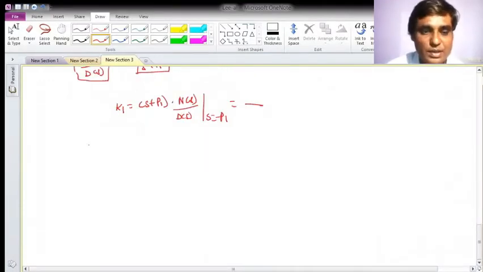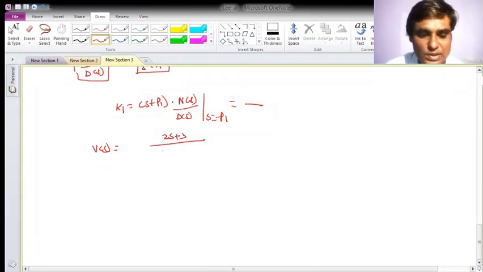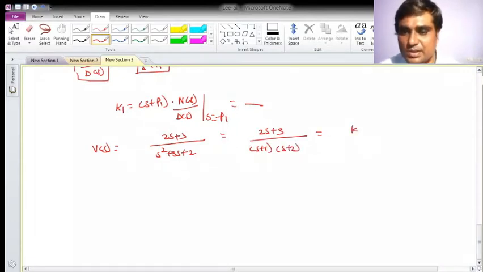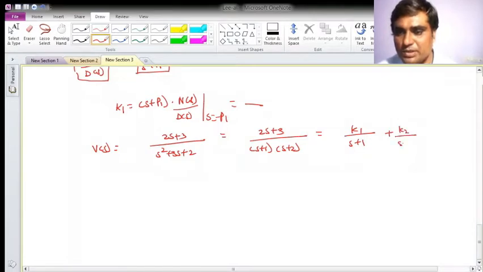For example, let's say the voltage equation is 2s plus 3 over s squared plus 3s plus 2. What are the roots here? It is 2s plus 3 over (s plus 1)(s plus 2). So I can express this as k1 upon s plus 1 plus k2 upon s plus 2.